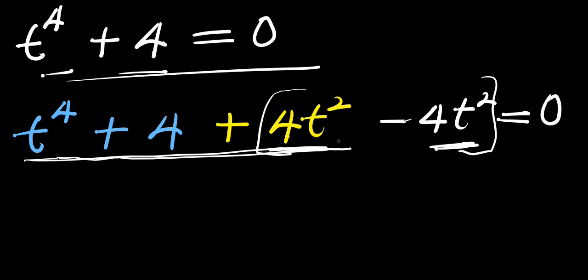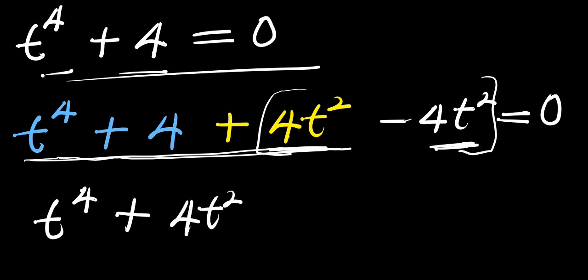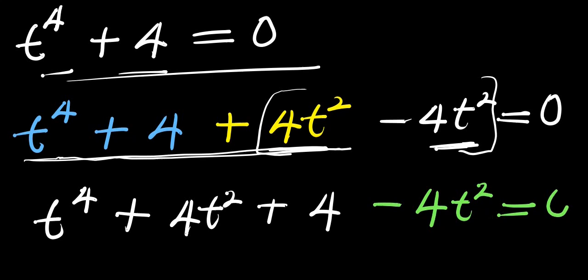So from here, what I'm going to do is to rewrite this. I can simply have t power 4. Then I can bring this 4t squared here before the 4. I can have plus 4t squared. Then I now have plus 4. Then I still maintain minus 4t squared. And this equals 0.